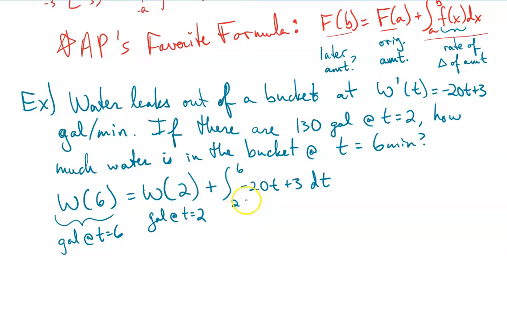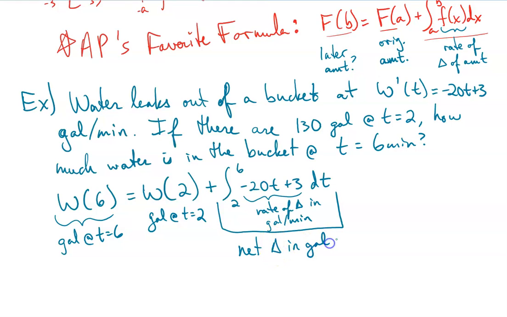And this is the rate of change, we'll say in gallons per minute. And so this total expression is the net, well, it's going to be all negative because water is not going to leak back into the bucket. So this is the net change in gallons over the interval from 2 to 6, and then we would evaluate that to get the final amount.